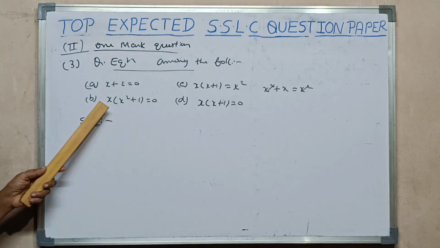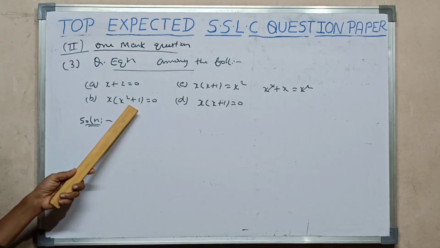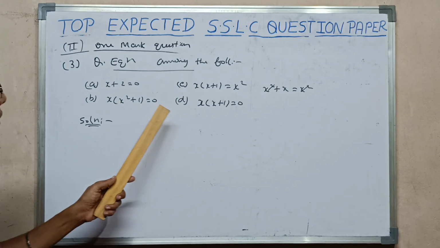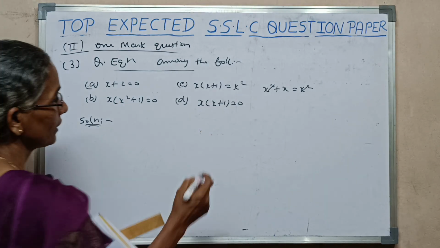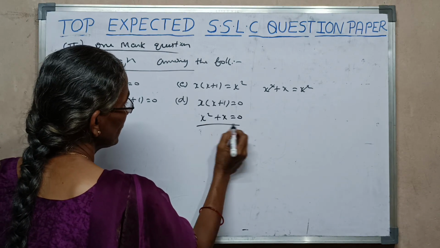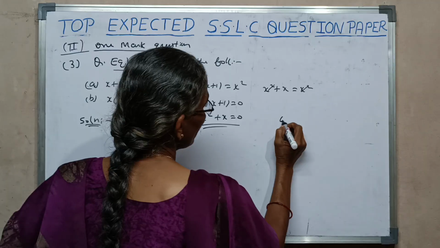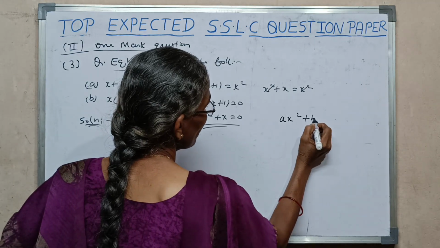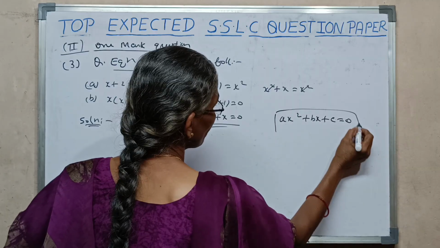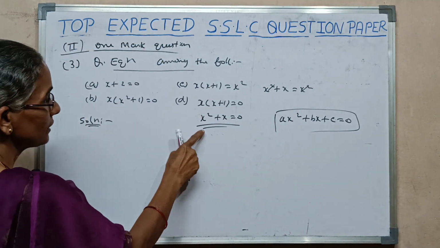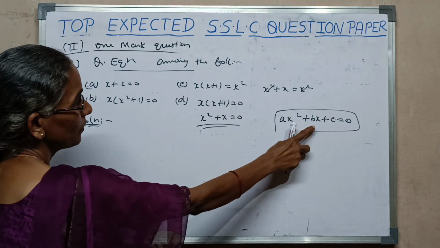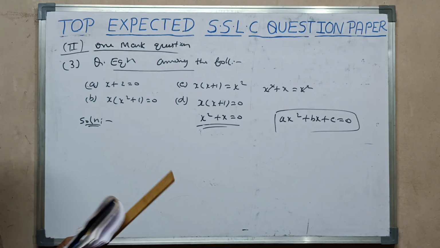In the fourth, x into x is x square, x into 1 is x, so x square plus x equal to 0. Quadratic equations mean the standard form is ax square plus bx plus c equal to 0. So the answer is the fourth one, D.